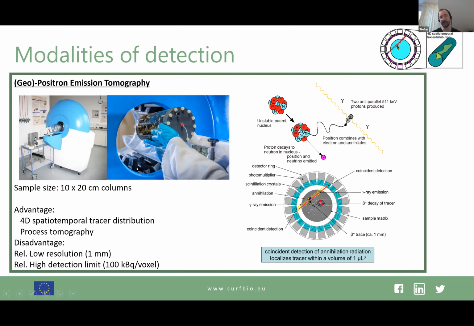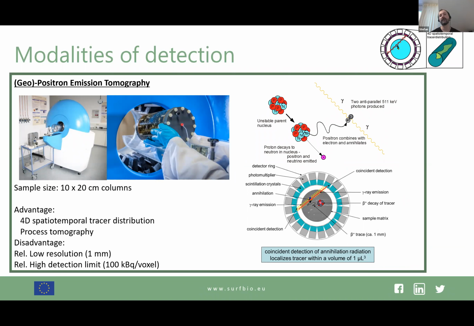The principle of this is a bit special. For a positron emitter, you have the unstable parent nucleus, which then emits a positron when it decays. The positron is, of course, the antiparticle of the electron, and electrons are all around.